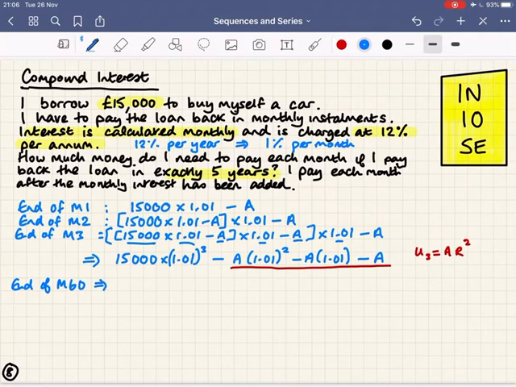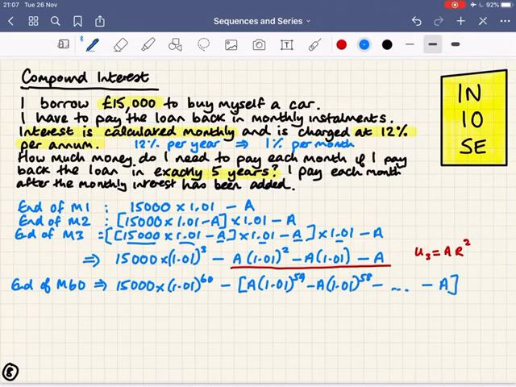This would be 15,000 times 1.01 to the power of 60, because at the end of 3 months we still owed to the power of 3 there, and then it would be minus, and it would be this geometric with A 1.01 to the power of 59, because it's n minus 1, minus A 1.01 to the 58, and that would go all the way down till it was subtracting A at the end.